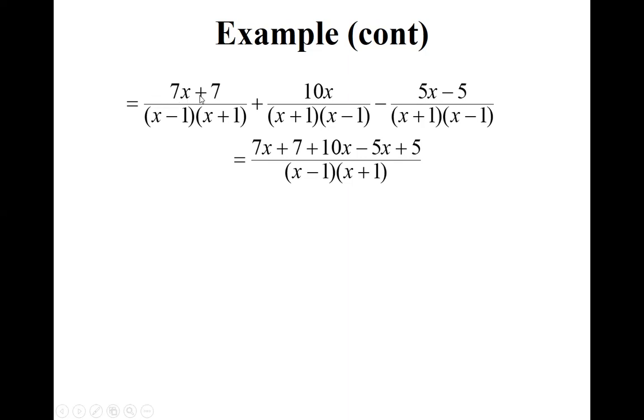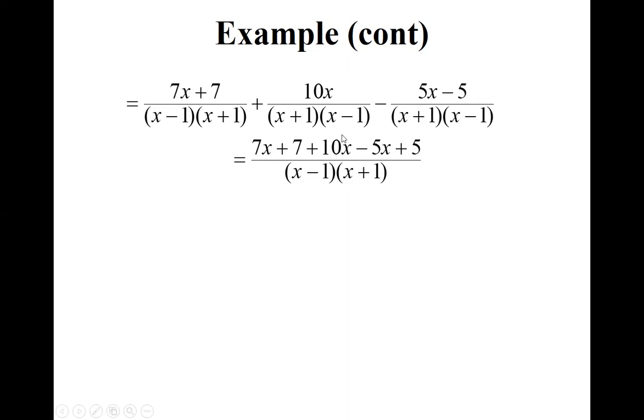So this is 7x plus 7 plus 10x minus the entire 5x minus 5, which means we are subtracting 5x, and we are also subtracting negative 5. Minus negative 5 gives us plus 5.